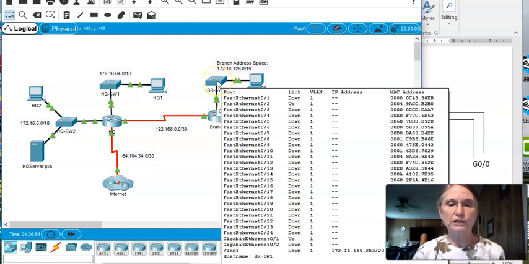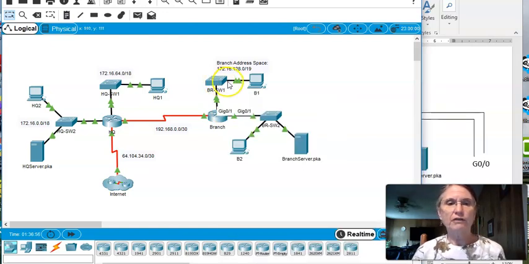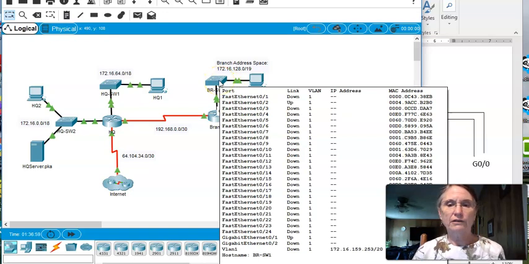Well, I looked at the switch over here in Packet Tracer, and I could see that VLAN 1 in the switch had an address of 172.16.159.253 in that /20 subnet.